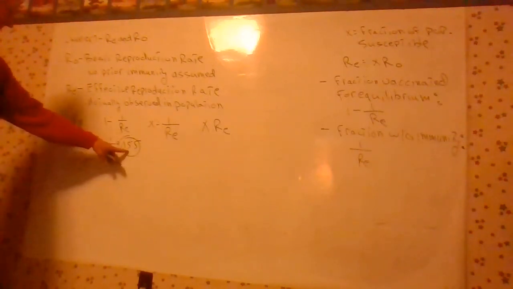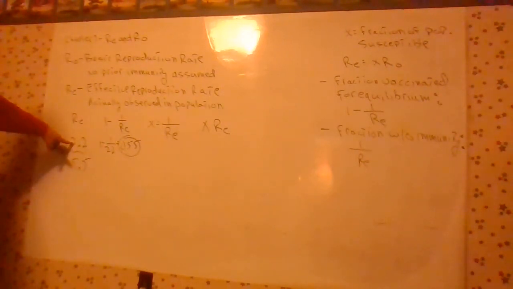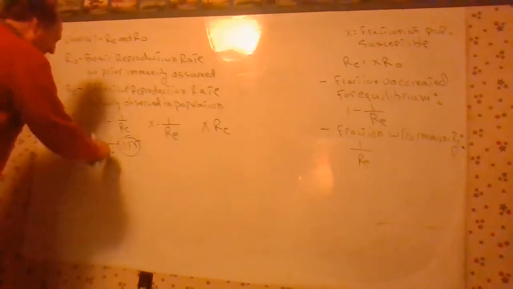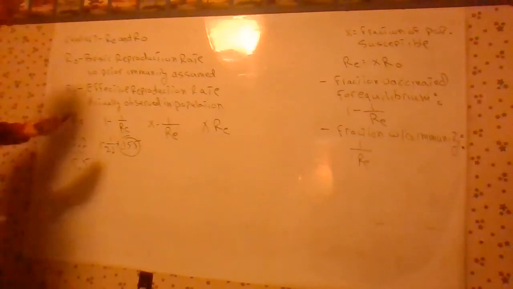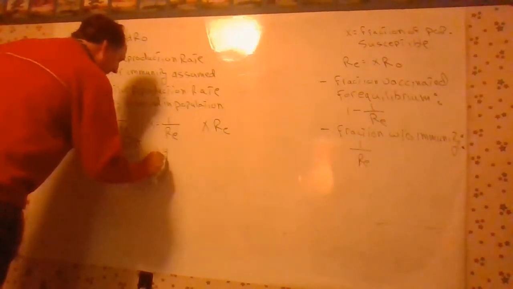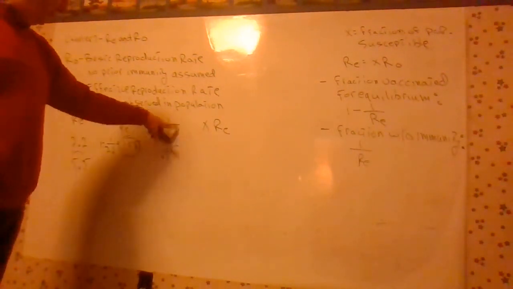And that would actually get this reproduction number down to 1. Now 1 over RE is just this percentage right here, 1 divided by 2.2. It's a complement of that. Well, it's 0.45. And this is the percentage that would be susceptible.